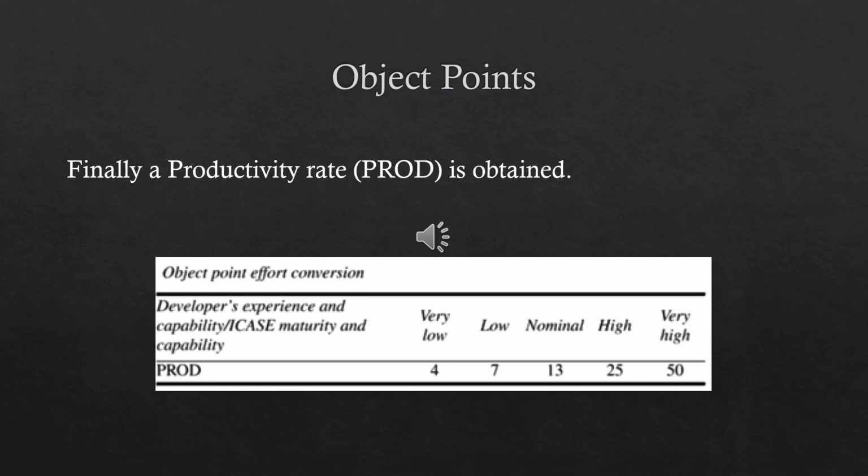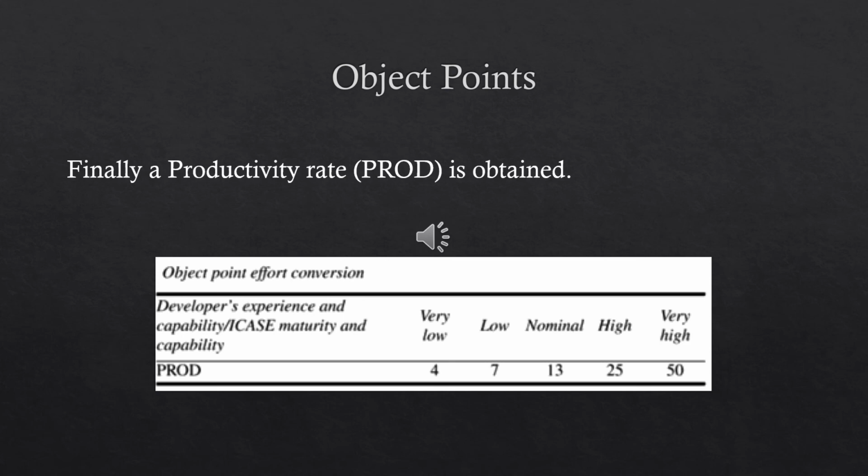An estimate of the person months can be calculated from this productivity. The new object points, the adjusted new object points, and the productivity rate ratio can be used to find the person months.